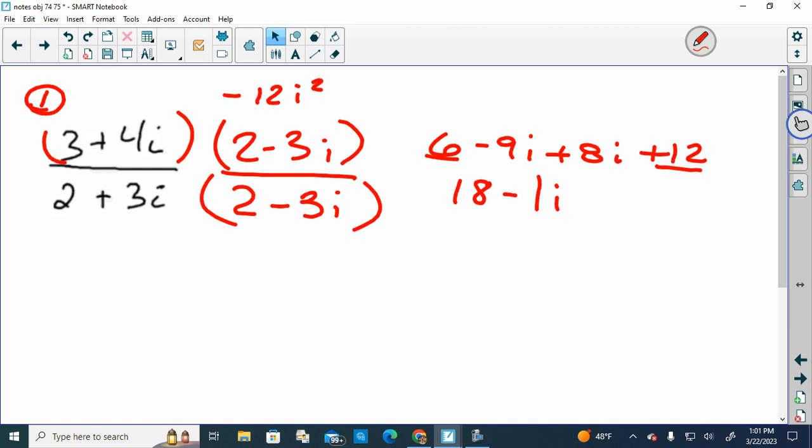Then on the bottom, we're going to have 2 times 2, which would be 4. And then negative 9i squared, positive 9, so I shouldn't have put that there. So it'll be 4 plus 9.